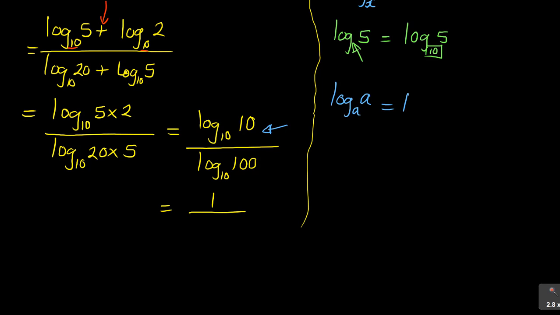Remember, I'm given log base 10 of 100. Now remember, 100 is 10 to the power of 2. So that's what I'll be having there. It's the same as saying log in base 10 of 10 to the power of 2. With that, I have a law again.